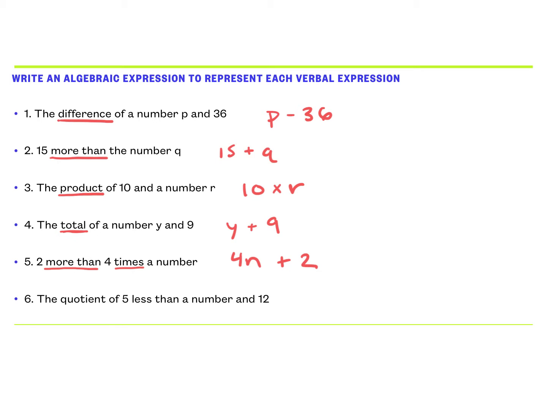For this one, you just have to be careful that you're multiplying the right stuff. It's 4 times the number, and then you're adding 2 to it. So if you had n times 2, that would be wrong, because it's 4 that is being multiplied to n. And when it just says a number, you could say n, you could say x, you could say y, whatever variable you want for that number.